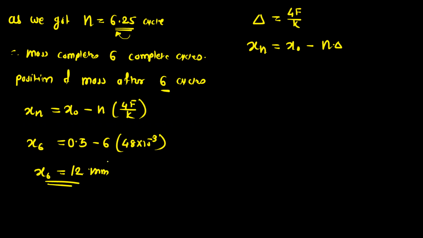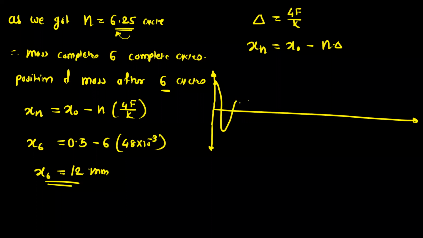That means after 6 complete cycles, this is the initial displacement, that is x0. This is the first cycle, second cycle, third, fourth, fifth, and sixth. So this position is x6 with respect to this mean line or zero line, which is equal to 12 mm.